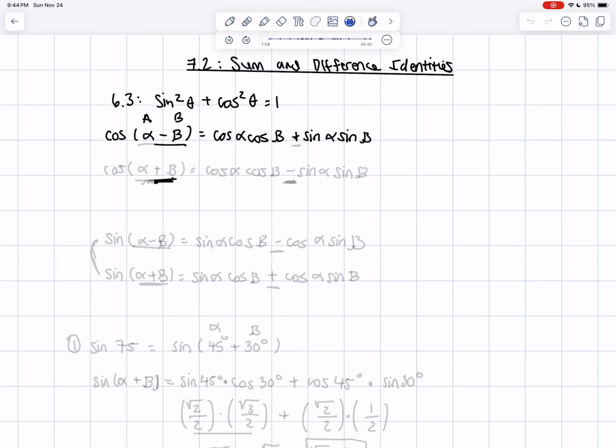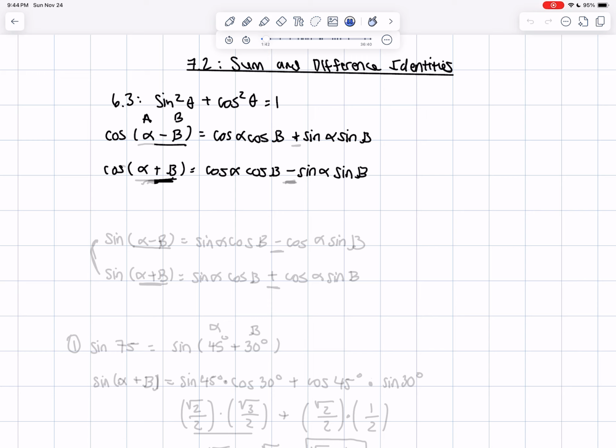The second one for cosine is cosine of alpha plus beta, and it's written as cosine alpha times cosine beta minus sine alpha times sine beta.